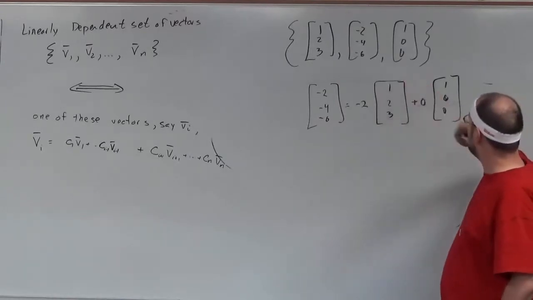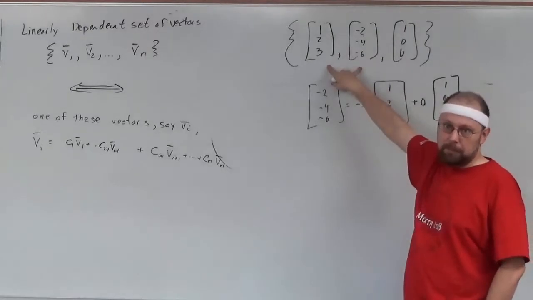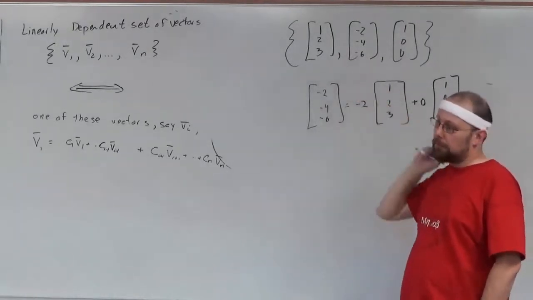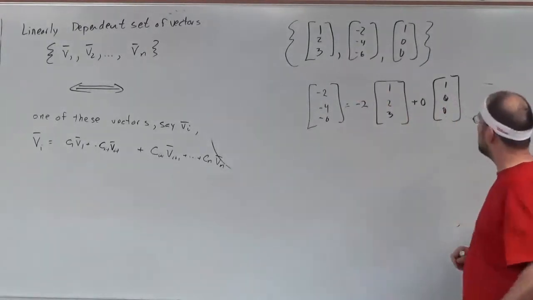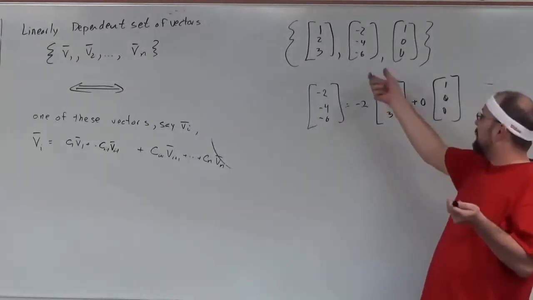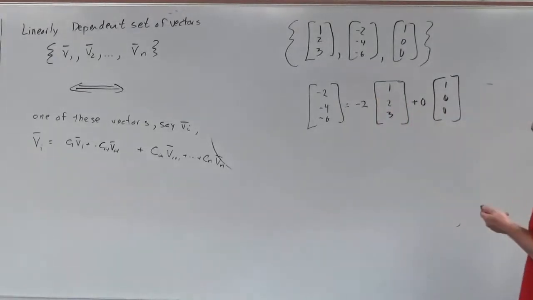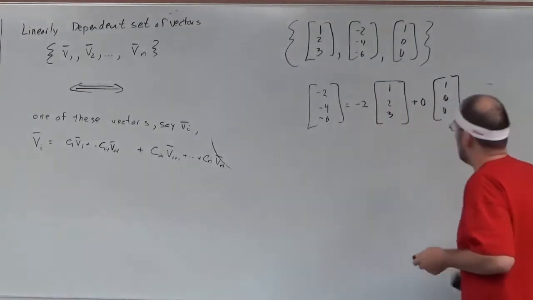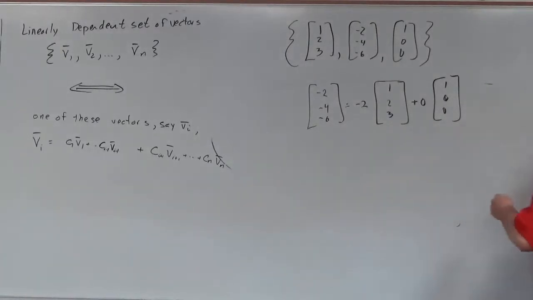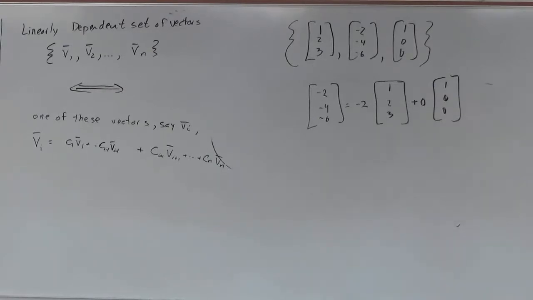But is it possible to express this vector as a linear combination of these two? It's not possible. So the problem with this definition is that if they're dependent, then we know we can express one of these vectors in terms of the others, but we don't know which one or which ones. So it's not a good definition to help us compute the answer to the question of whether a set of vectors is linearly independent or dependent.